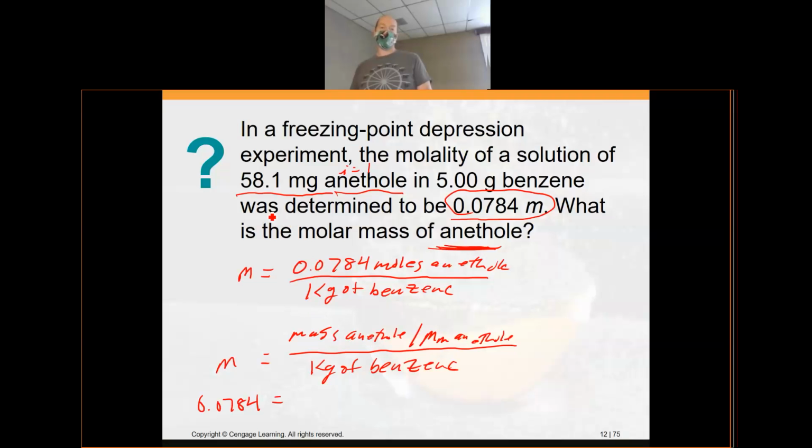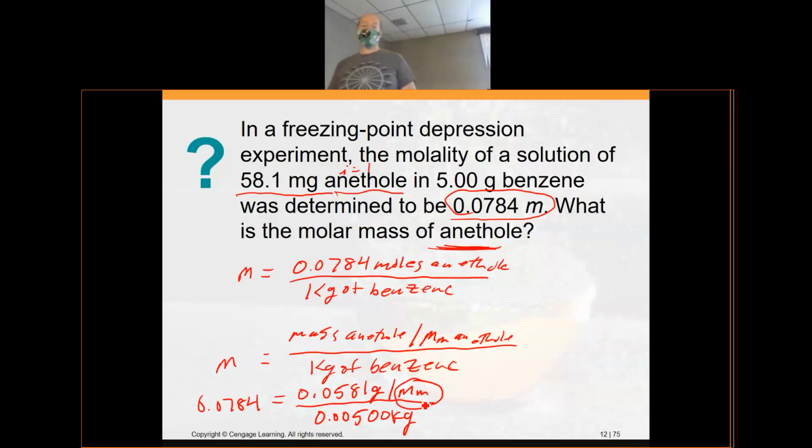Well, we know the mass of the anethol. We put that in grams, and that is 0.0581 grams. We don't know the molar mass because that's the question. And then the kilograms of benzene, well, we know that. That's 0.00500 kilograms. All right, and so you have this equation where there's only one unknown, and that is the molar mass.